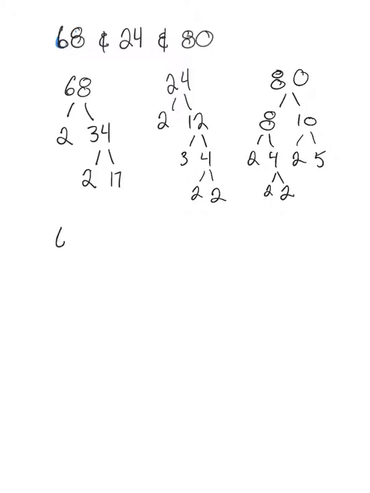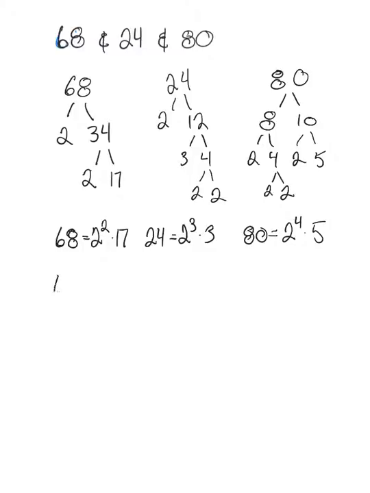So therefore 68 equals 2 to the 2 times 17, 24 equals 2 to the 3 times 3, and 80 equals 2 to the 4 times 5. So therefore the LCM equals the highest powers, which is 17, 2 to the 4, 3, and 5.